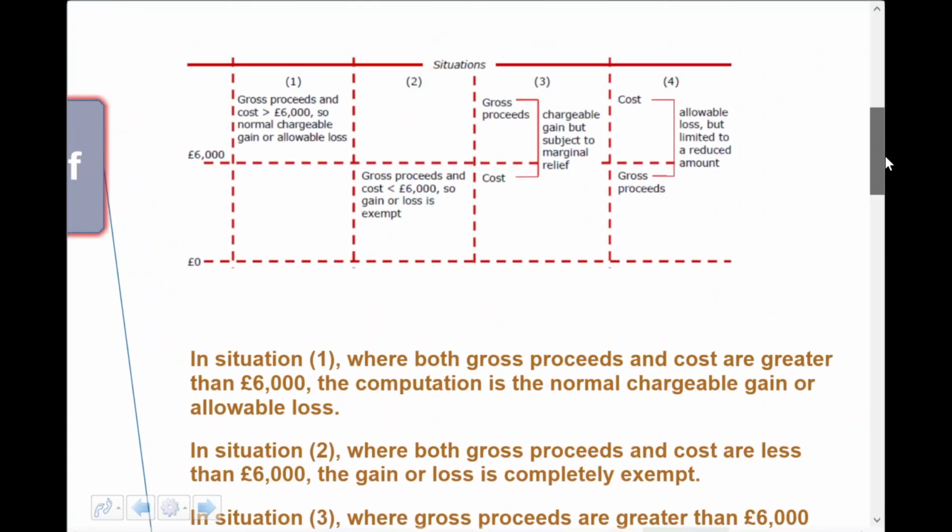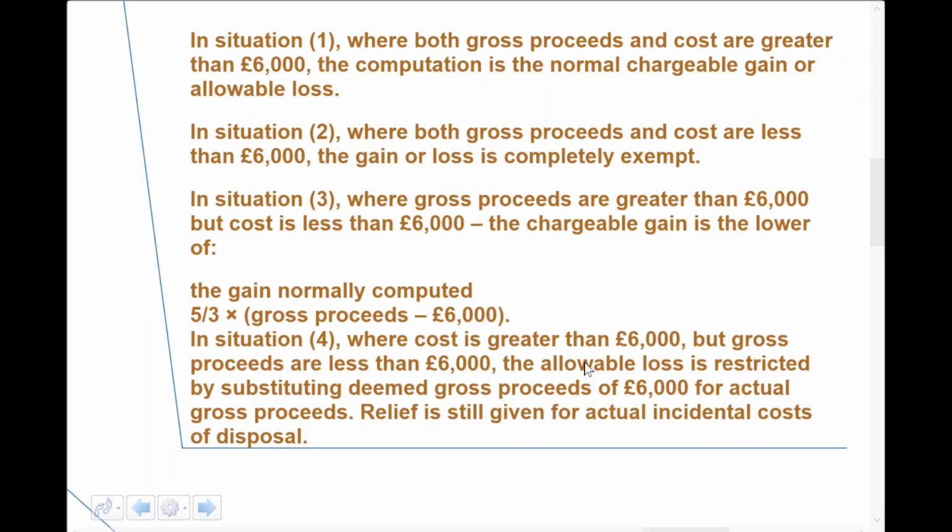Well, what I mean is where you have this situation based on the normal numbers, you actually slot in 6,000 and in effect get the allowable loss. So you replace the actual proceeds, remember they're below 6, yeah, with 6.